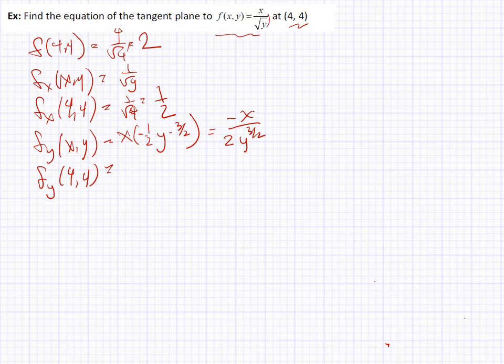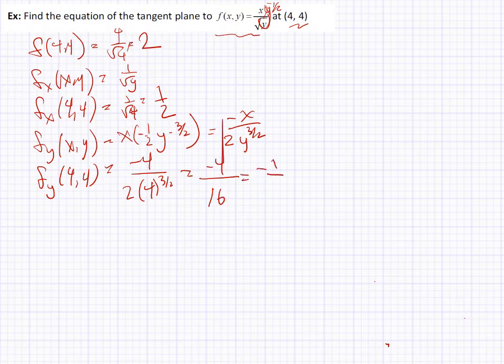I would bring this up to the top as a minus 1 half power, so y to the minus 1 half, and then I could take the derivative that way. Plug in 4, 4, I get negative 4 over 2 times 4 to the 3 halves. 4 to the 3 halves is square root of 4, which is 2, cubed is 8. 8 times 2 is 16. So then this will give me negative 1/4.